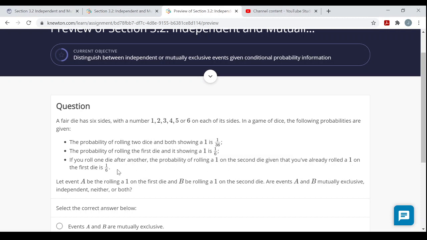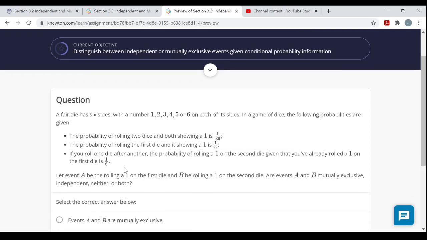Those are independent, because if you roll a 1 on the first die, it's kind of like my flipping a coin example earlier. That has no effect as to what's going to happen on the second roll. None whatsoever. So the probability of getting a 1 on the first one is 1 out of 6, and the second one is 1 out of 6 as well. It doesn't change.